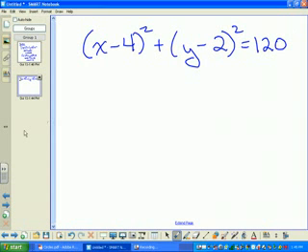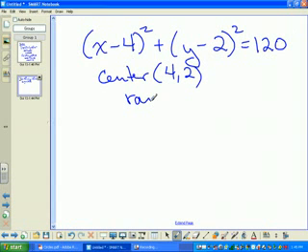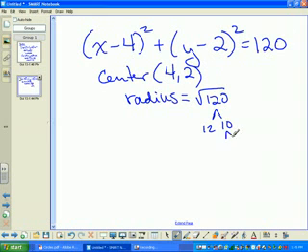Okay? So what do we know? The center is (4, 2). It won't be perfect, but we know we'd have to take the square root of what? Square root of 120. So we simplify that the best we can. So 120 will break down to 12 and a 10. 10 is going to break into 2 and a 5. 12 can break into a 2 and a 6.